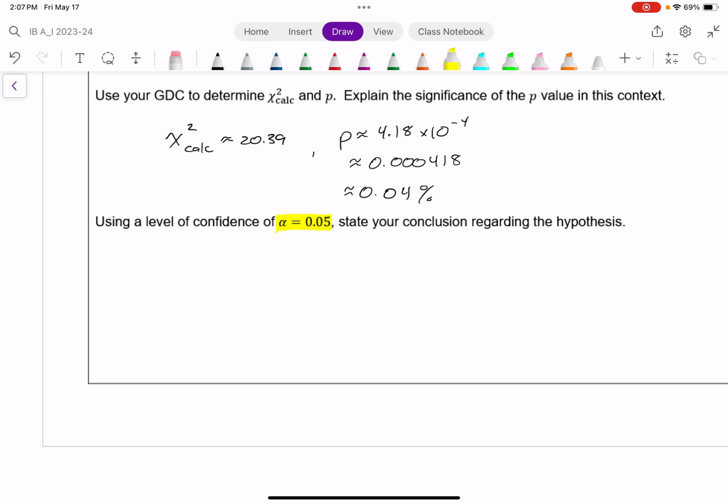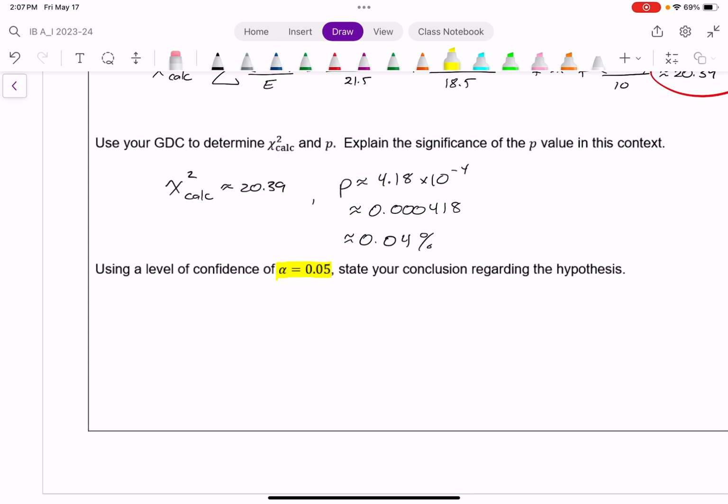And really going forwards, this should always be stated before we come to our conclusion. We don't want to get our data and then make a conclusion based on that. We want to come up with our level of confidence in advance, then see our data, and then decide if it met that threshold. However, this is a very common level of confidence.